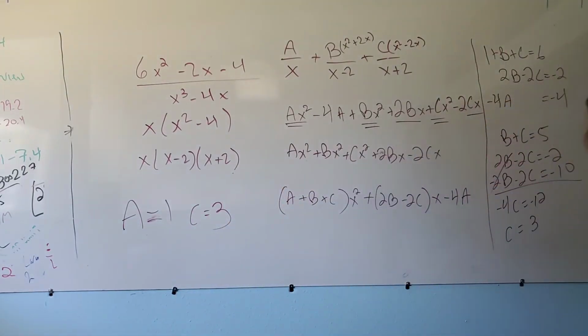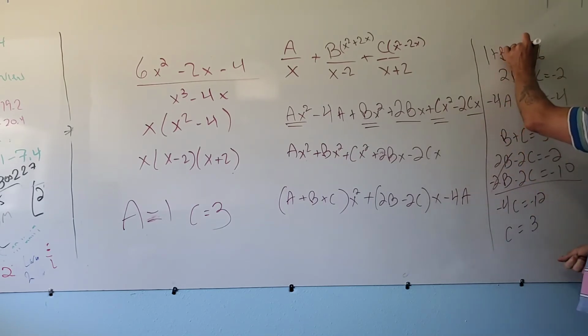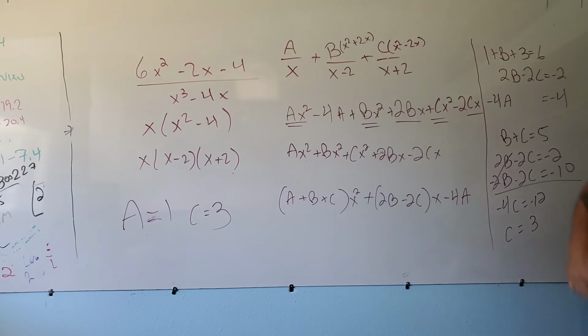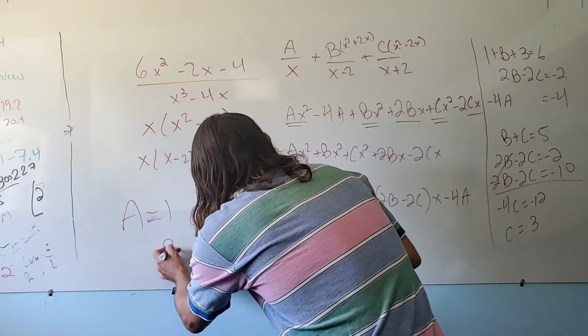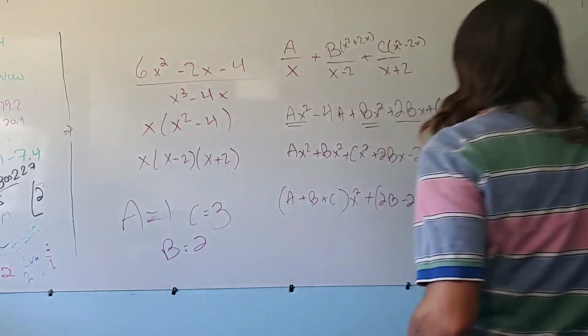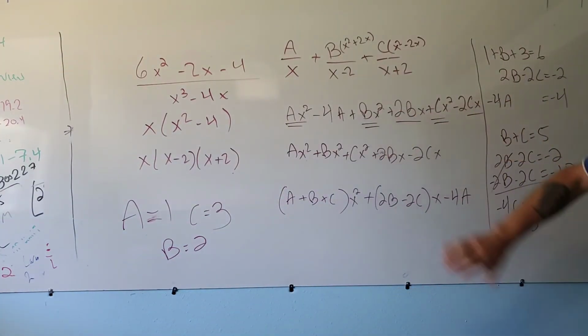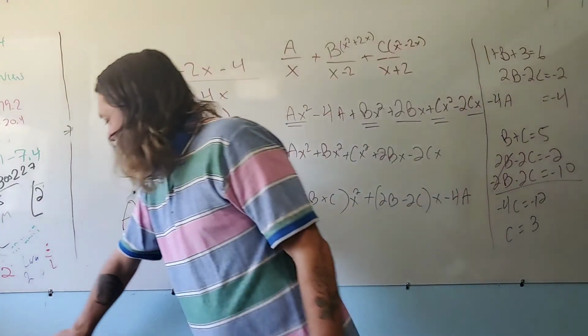C equals 3. Now I know that c is equal to 3. So 1 plus 3 is 4. I need 2 more to get to 6, so that means b is 2. And so what I'm going to do is erase all of this work here real quick and show you my final answer.